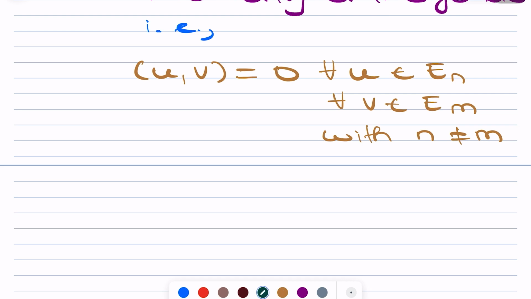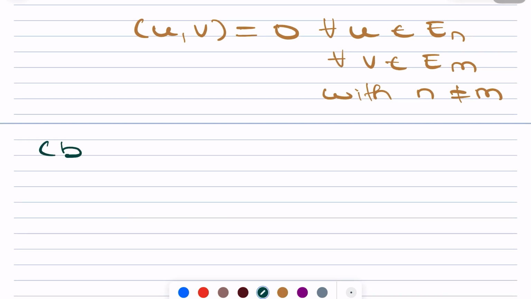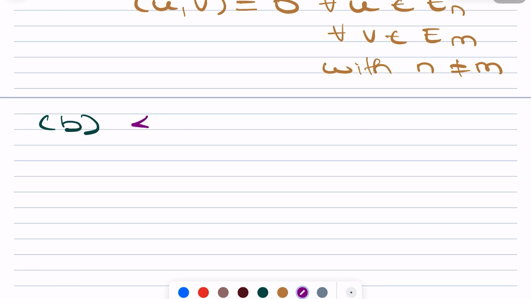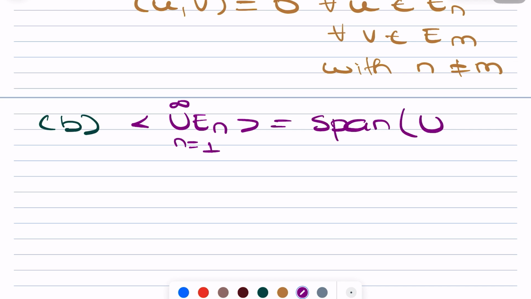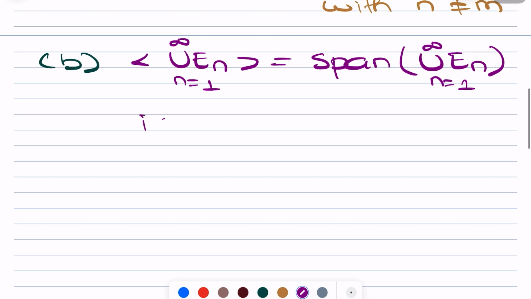And the second property to be fulfilled is that the span, this is just my notation, the span of the union of the En, right, is dense in H, right?